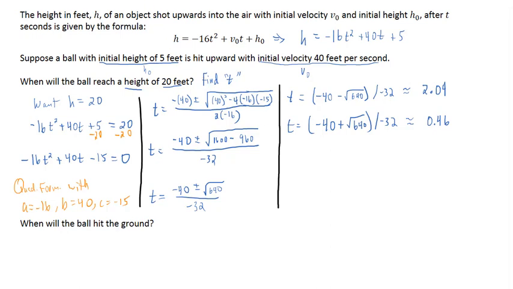So the exercise asks, when will the ball reach a height of 20 feet? And if we think about this realistically, if we hit a ball straight up into the air, it goes up for a little while, hits a highest point, and then drops back down. When does it reach a height of 20 feet? I would interpret that to mean on the way up.